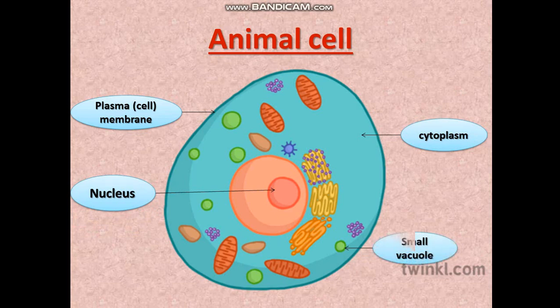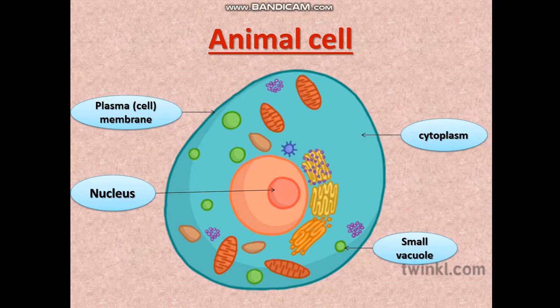So, does the animal cell have a cell wall? Great. No, it doesn't have a cell wall. So, what else doesn't it have?